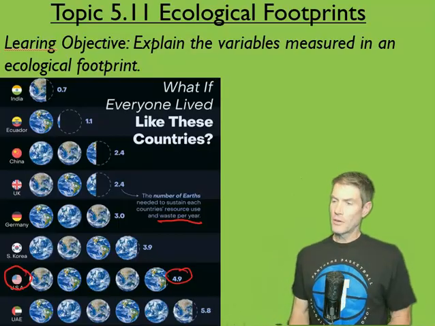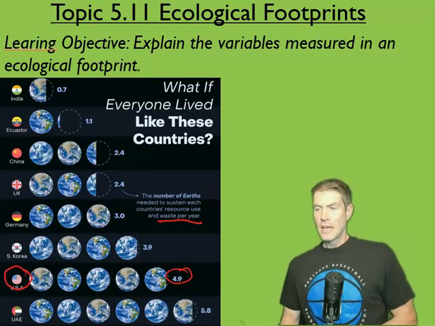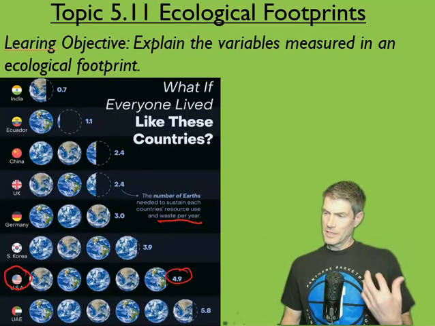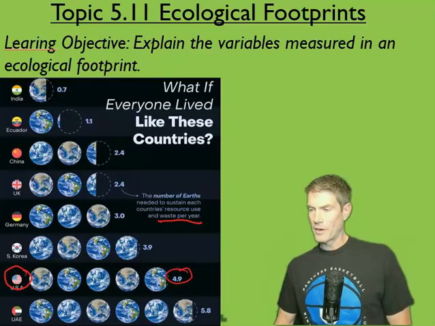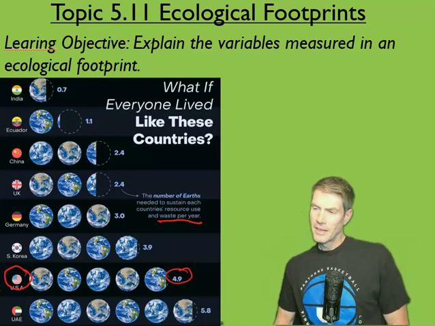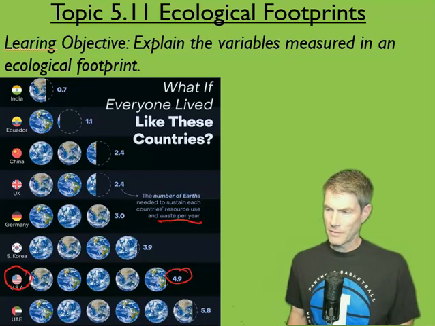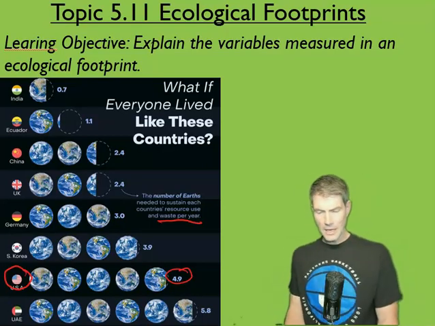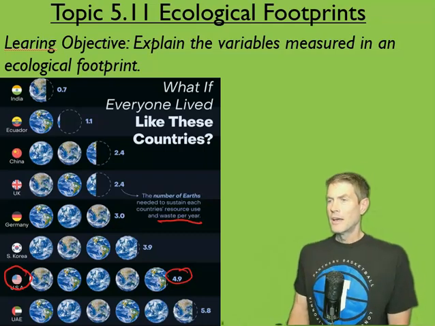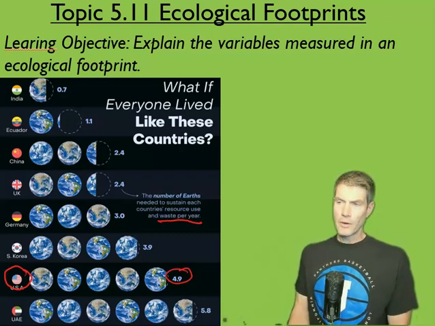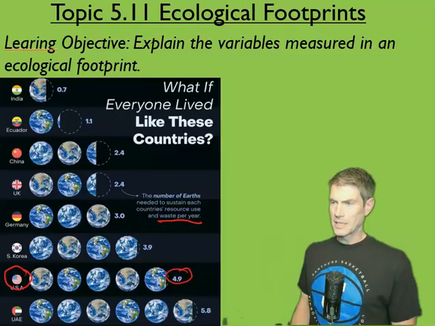But let's just look at some of the top countries. UAE is ahead of us by a little over an Earth, or about an Earth. United Arab Emirates. Then we go down the list through all these developed countries with big industrial economies, and we see Ecuador is the one on this list that is about equal.